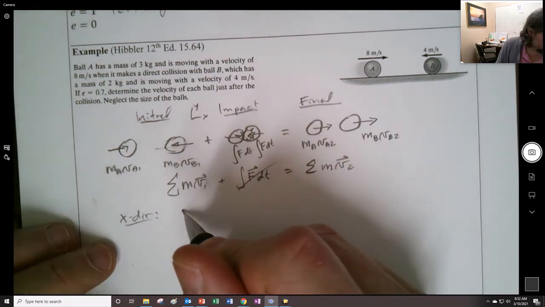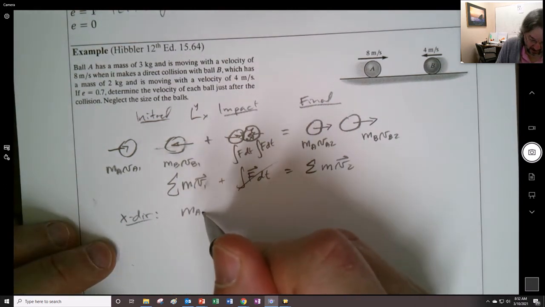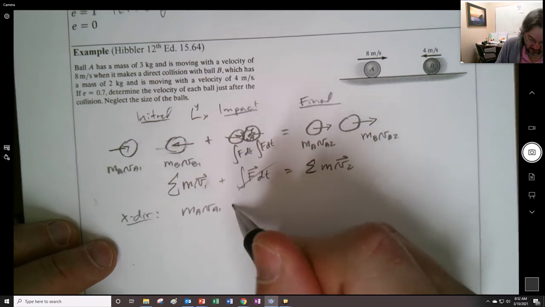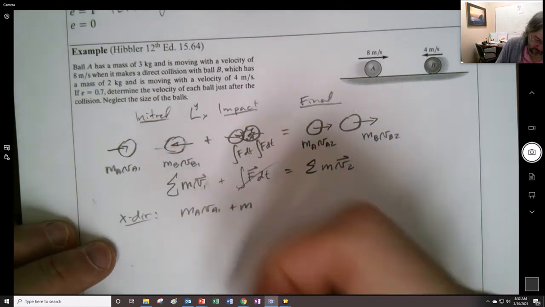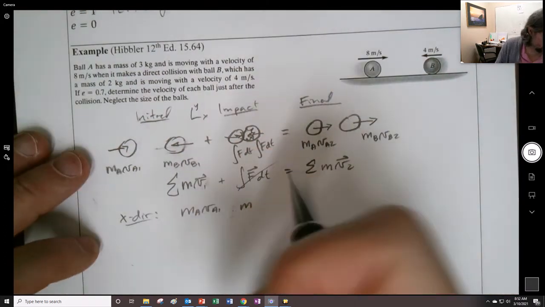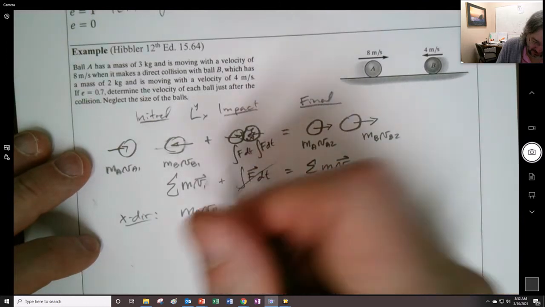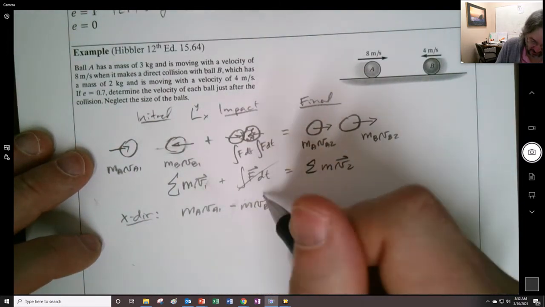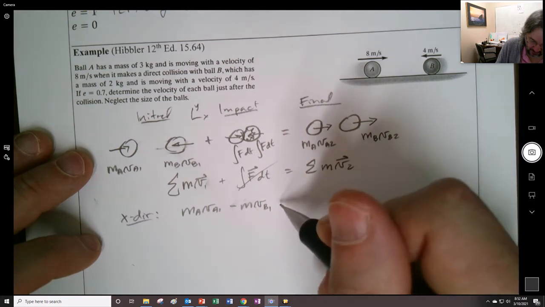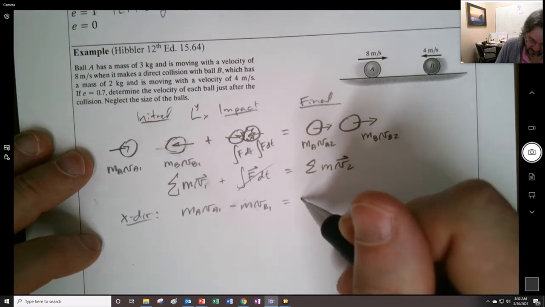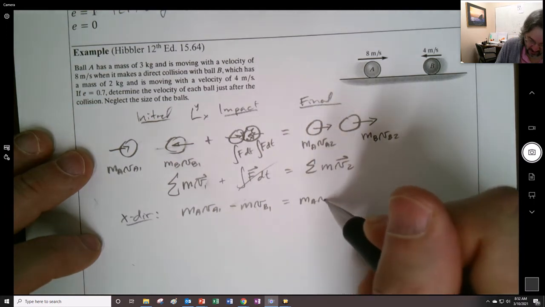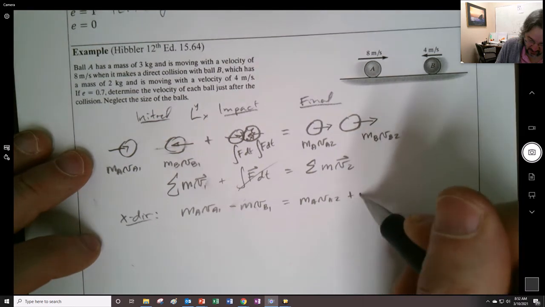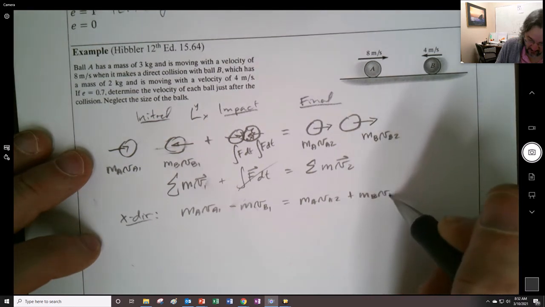So let's write them out: mA vA1 plus mB vB1. Here's a good place to put where the signs are, or we could put them into the velocity when we go down to there. It's going to be equal to mA vA2 plus mB vB2.